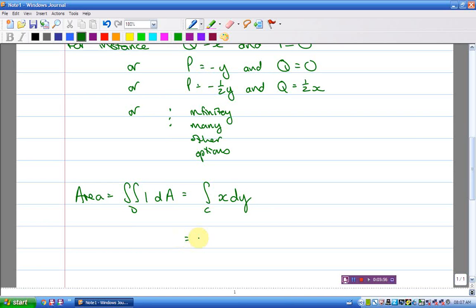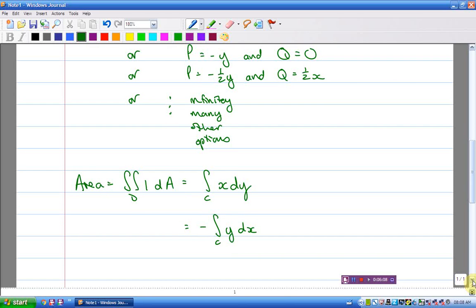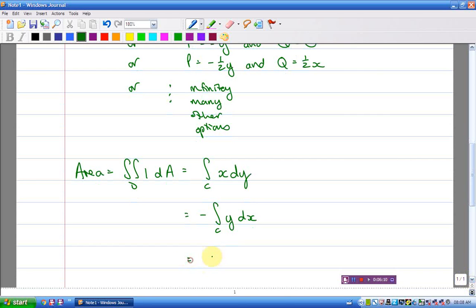But if we use that second one where P is minus y and Q is 0, then we'd end up with minus y dx. If we use that third one, the one with the halves in it, we'd end up with minus a half.